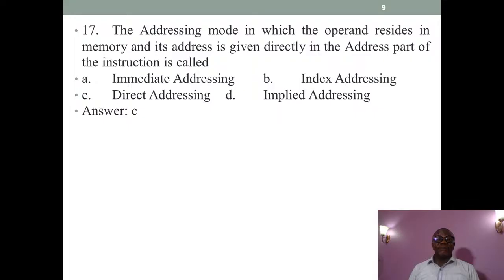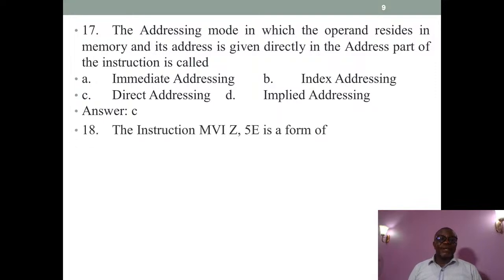Immediate addressing is like we say, load immediate data. It takes straight to that, but direct addressing is like the example we have given in the one or two address format.